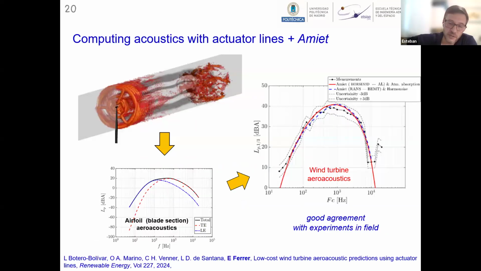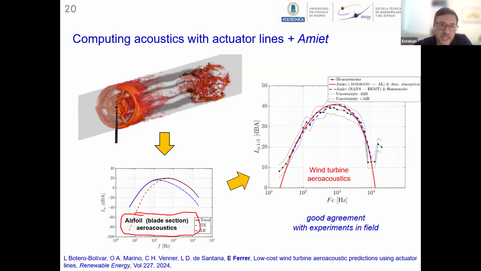So we get these very low frequency acoustics emanating and propagating, but we don't get the high frequency content due to trailing edge noise. So what we do typically is we include the missing scales or the missing acoustics that we compute with Amiet, which is a method to compute airfoil sections and the acoustics from them, so the trailing edge noise.